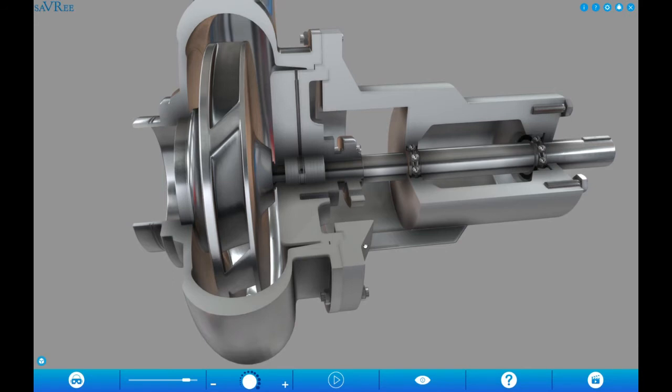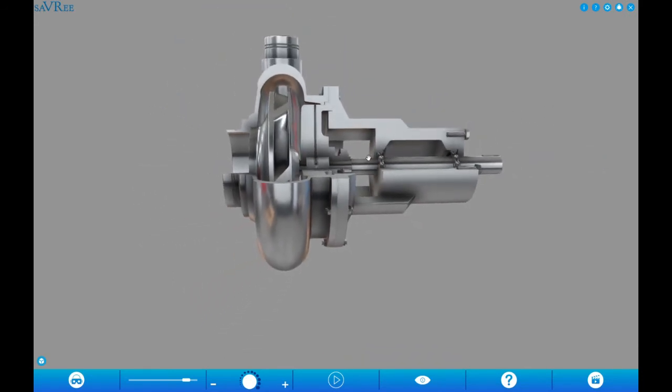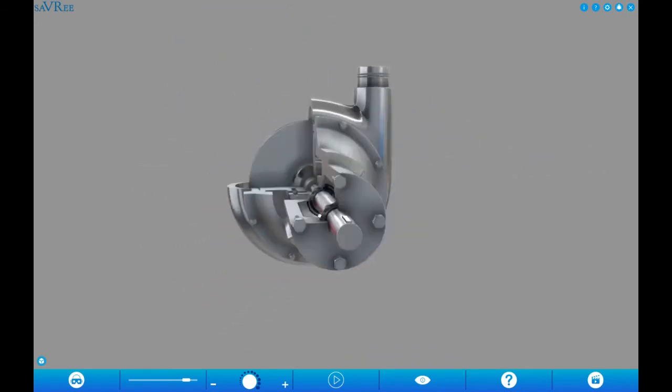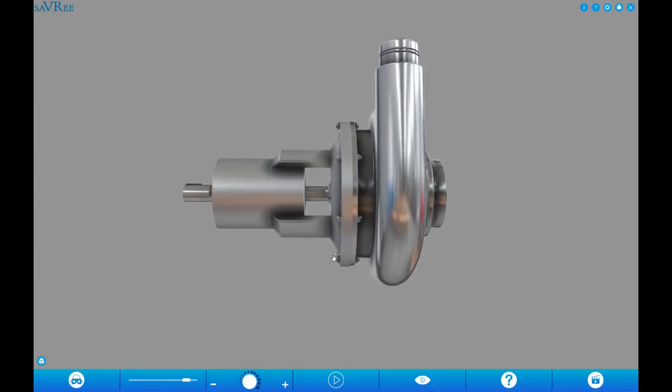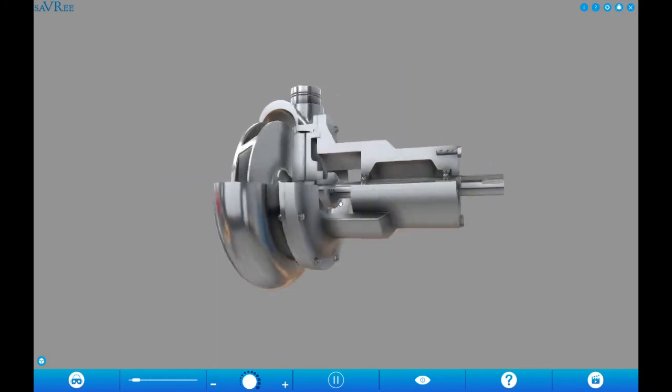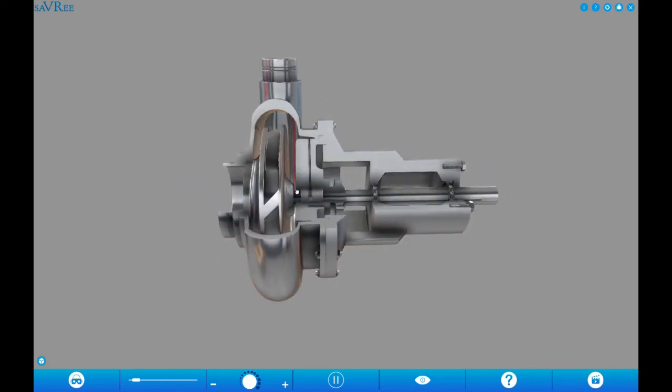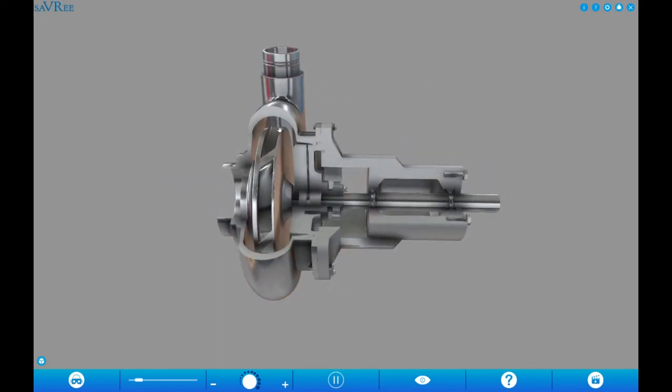This is the atmosphere. Once you see the pump in your daily life, it will look something like this to you, rotating, and this is the atmosphere you have. The pressure inside this volute is very high, and the atmospheric pressure outside is relatively very low.